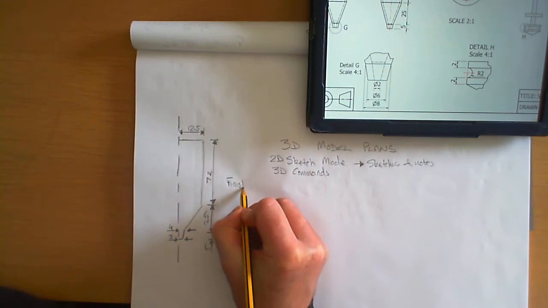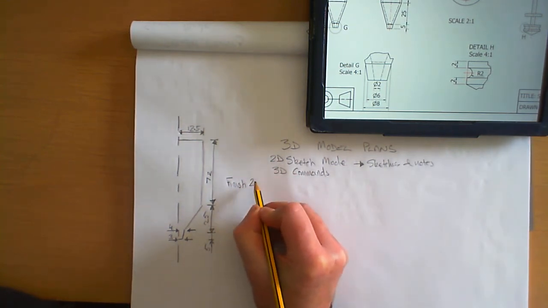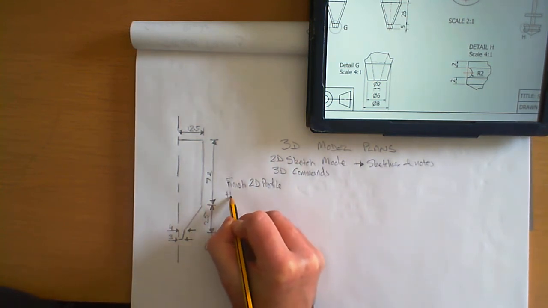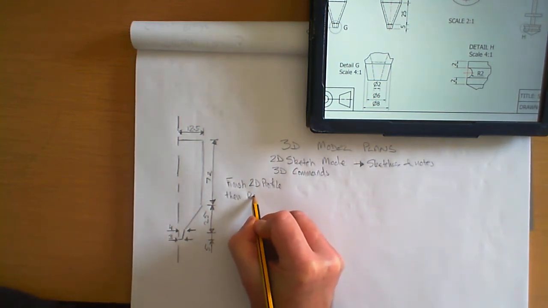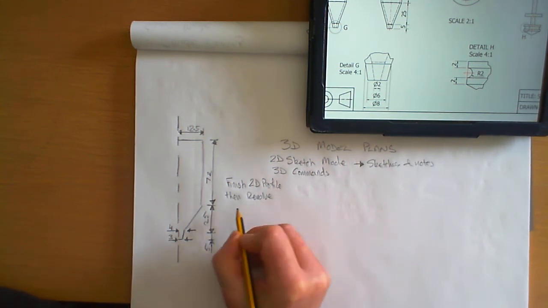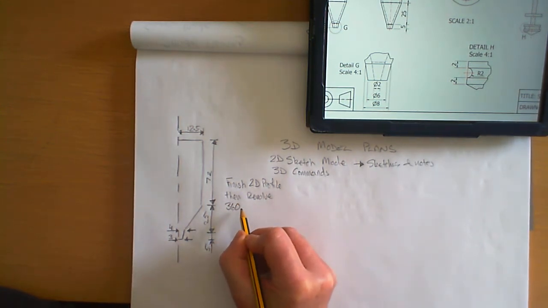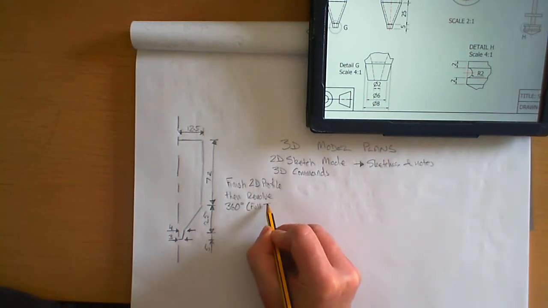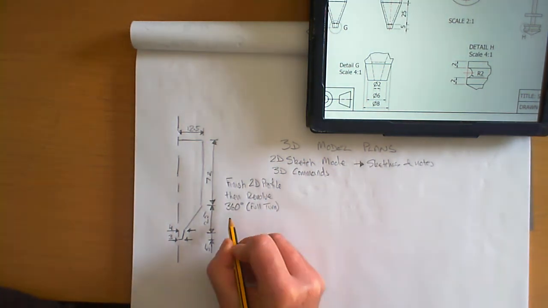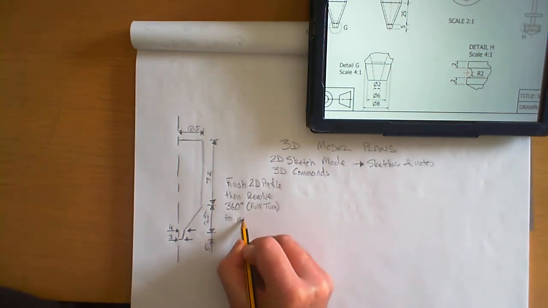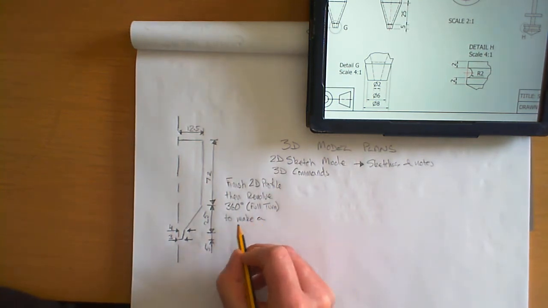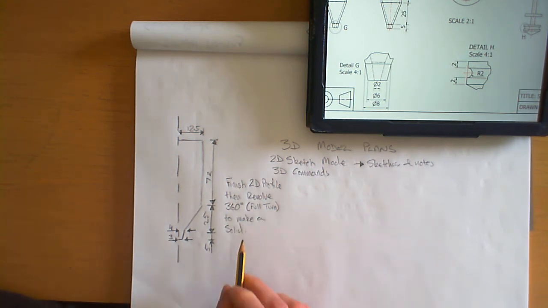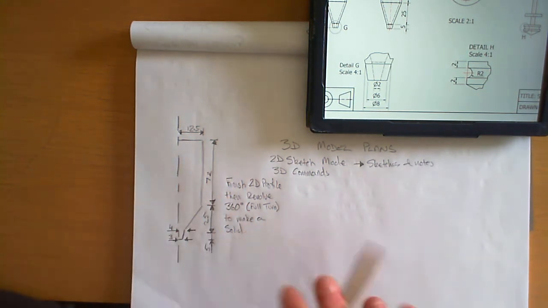So then beside this I'm going to put a little description: finish 2D profile, then revolve 360 degrees, and I could put in brackets just to be fully sure, full turn, to make a solid. And that is all I have to do for that main part of it.